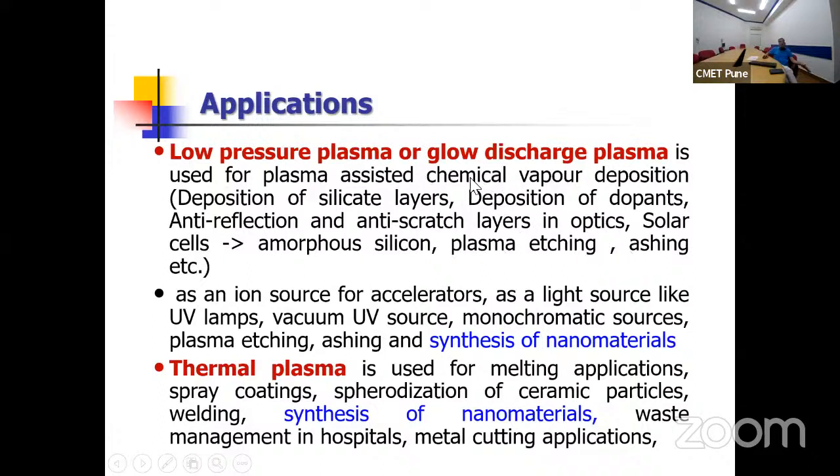Basically, these types of discharges are used for the synthesis of chips and other things where plasma etching is used. Also as an ion source for accelerators, as a light source like UV lamps, vacuum UV source, monochromatic source. Thermal plasma, which I will go into in more detail in subsequent slides, is used for melting applications, coatings, sterilization of ceramic particles, welding, synthesis of nanomaterials, which we are doing here, and waste management in hospitals also, and metal cutting applications.